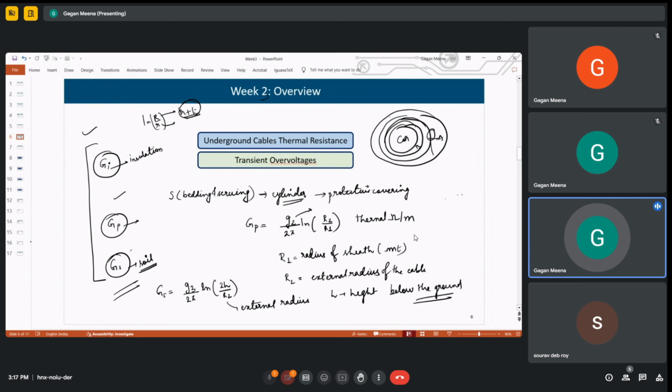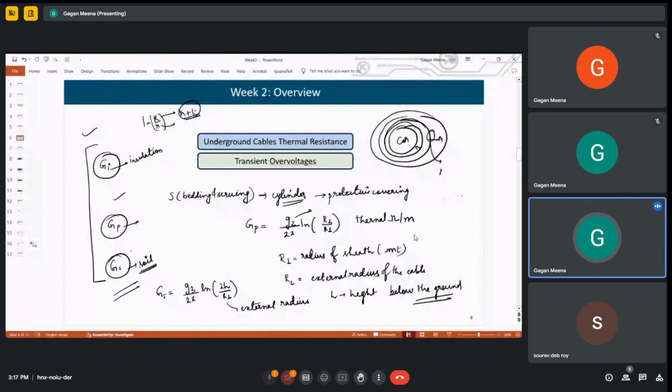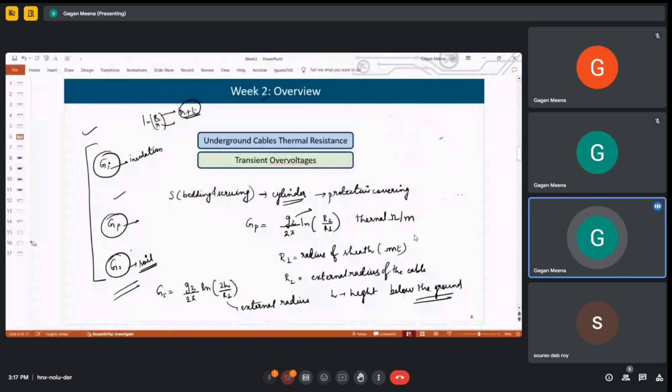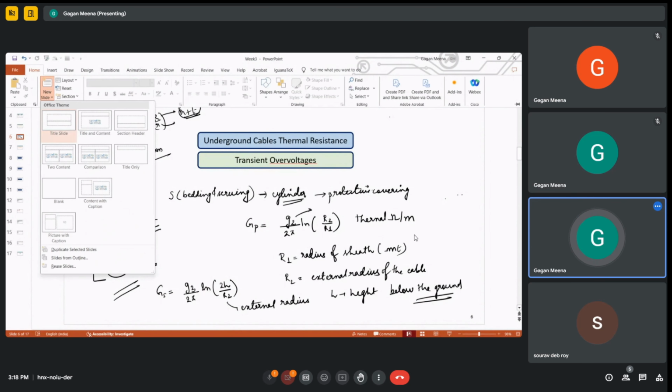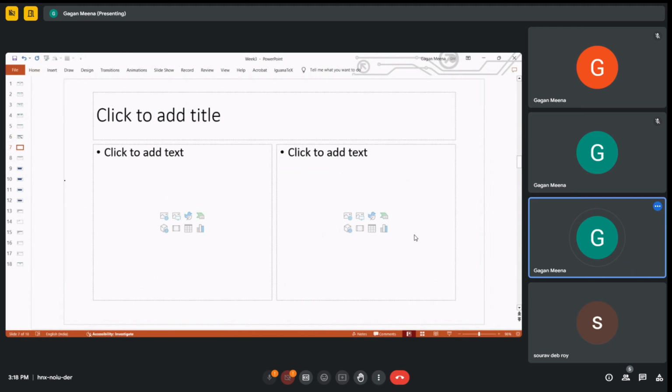Because the thickness of armor is very small, its thermal resistance is negligible, which is neglected here. That's why we have only three thermal resistances, one for insulation, one for protective covering, and the last one for the soil. All these three are required for calculating the current rating of the cable.